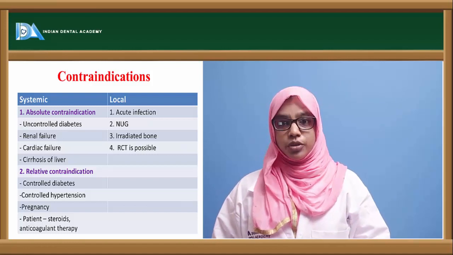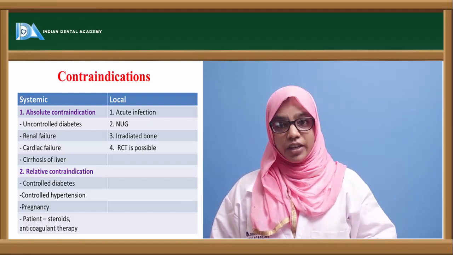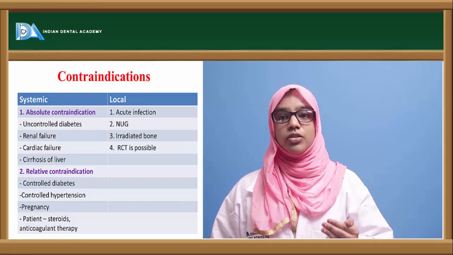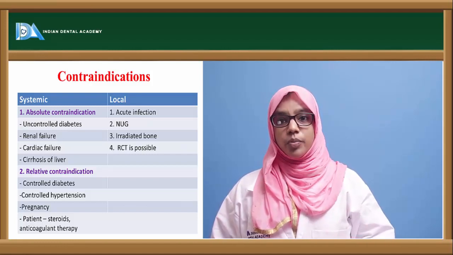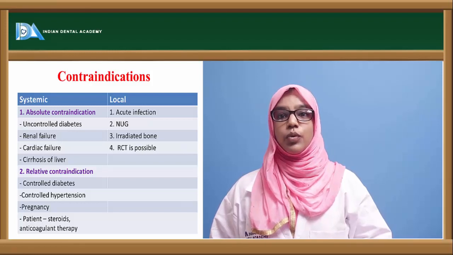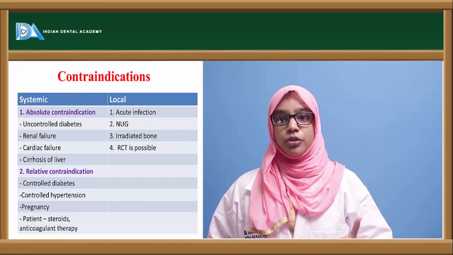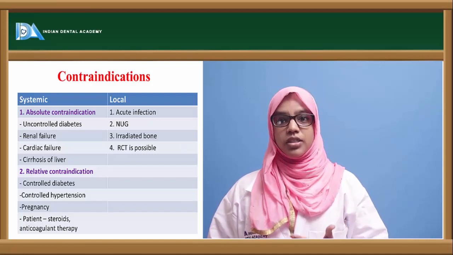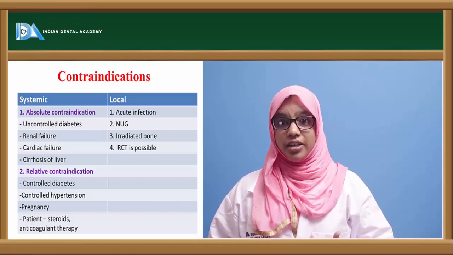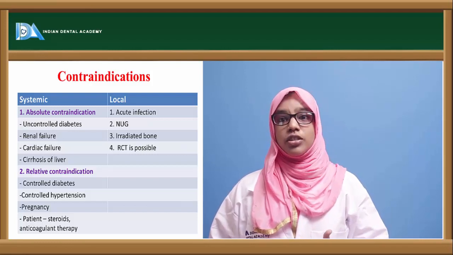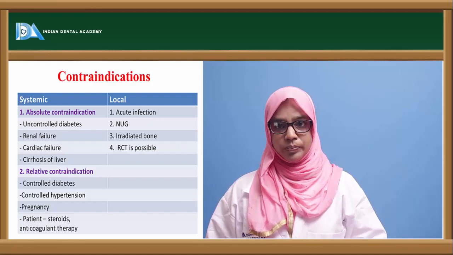In case of acute infection, control the infection, then move on to the extraction. If you extract a tooth in presence of infection, there is post-operative infection and instead of healing, you will have a dry socket. In case of irradiated bone, you need not extract a tooth because of the hypovascularity and hypocellularity present in irradiated bone. If you do the extraction, there are chances of osteoradionecrosis.